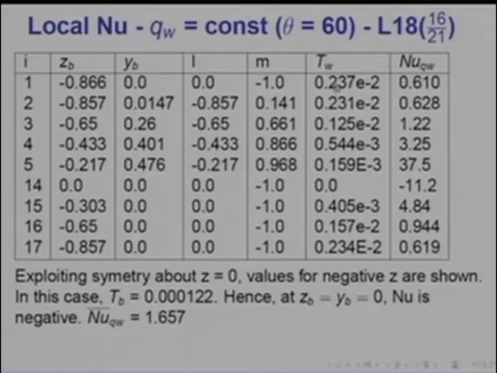It is to discover such hot spots that solutions of this type are very important, because circumferentially, although the heat flux is uniform, wall temperature can vary and you can get hot spots at corner points.